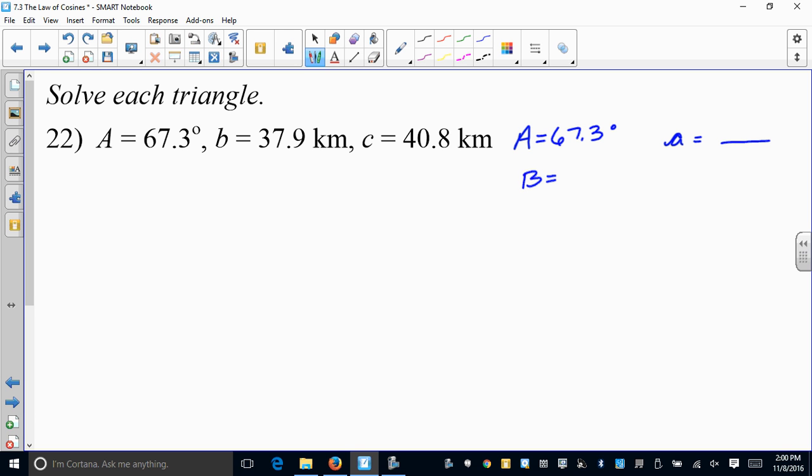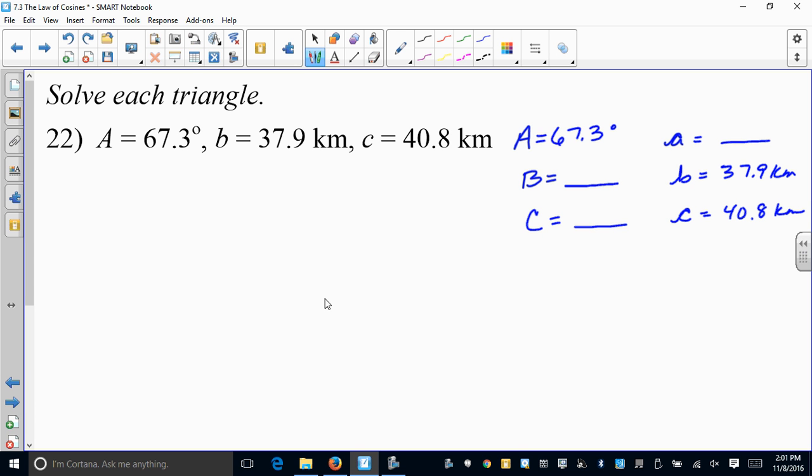Angle B, don't know. Little b is 37.9 kilometers. Angle C, we don't know. And little c is 40.8 kilometers.